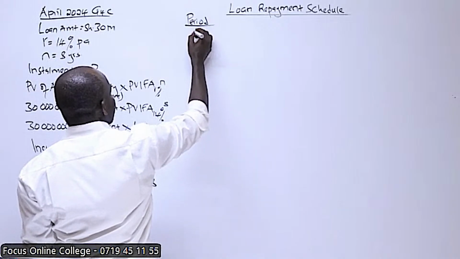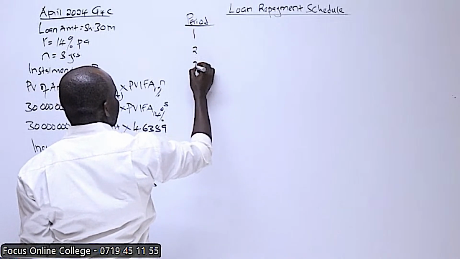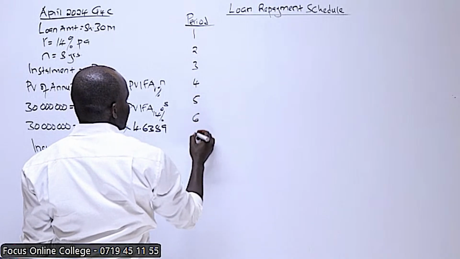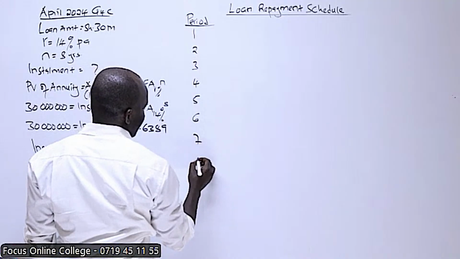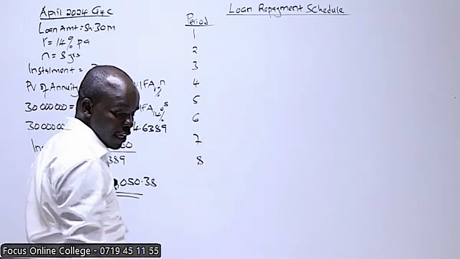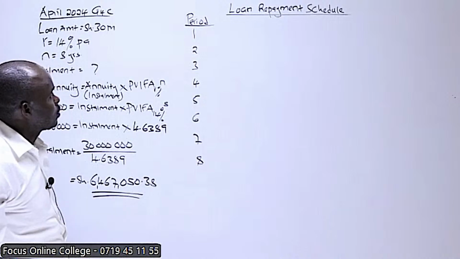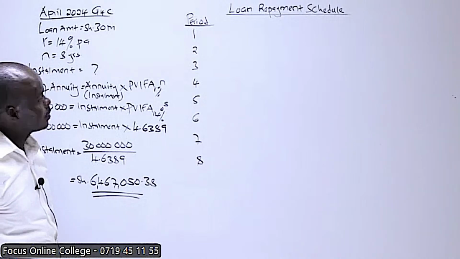We have 8 periods. 1, 2, 3, 4, 5, 6, 7, 8. Thank you, Priska. 8 periods.